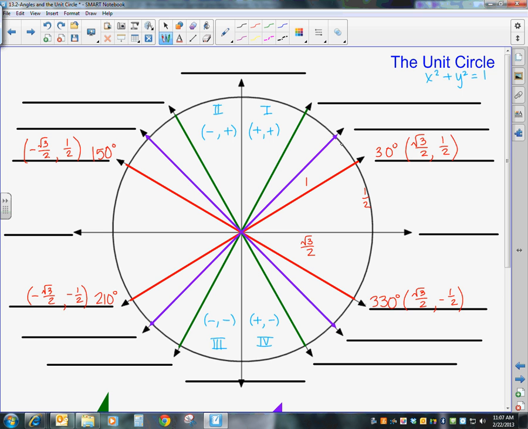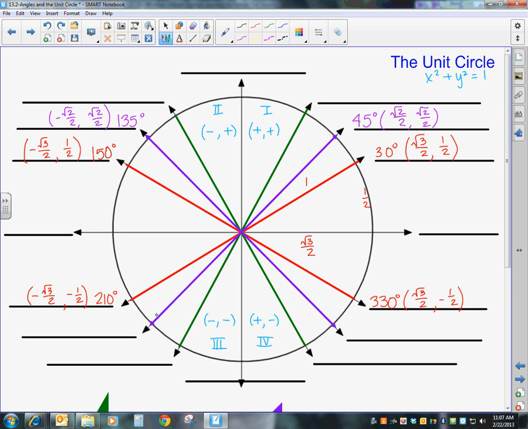So the first one that we have is a 45-degree angle, and it is the square root of 2 over 2, comma, square root of 2 over 2. All right, down to my purple line in the next quadrant. That's 45 degrees before 180. That's 135 degrees. My x now is negative. My y is positive.